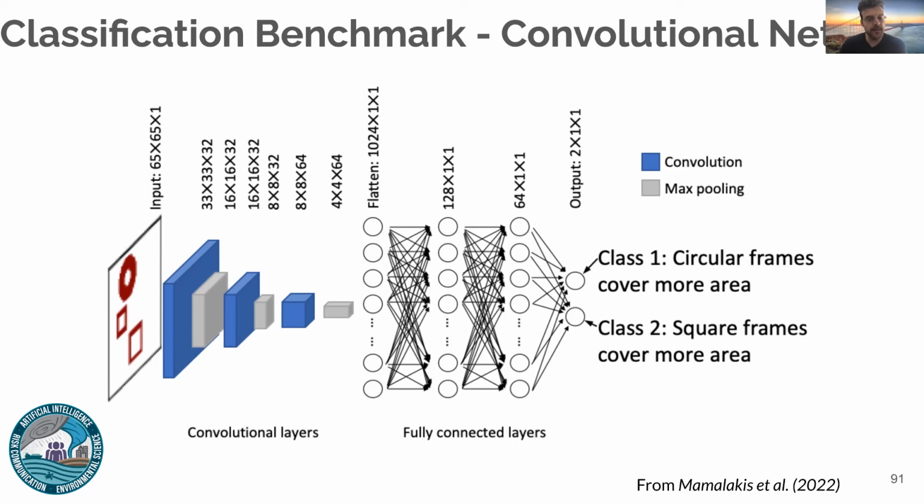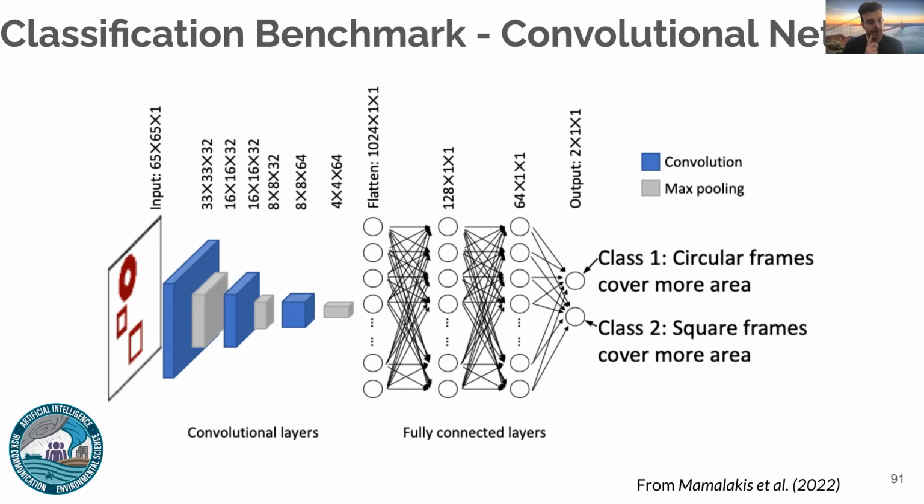The task is for the network to classify the input image as to which of the two shapes, the circular frames or the square frames, cover more area. That's the simple task. And because this task is simple enough, we can derive our prior estimate of what the explanation should look like, what the attribution should look like.